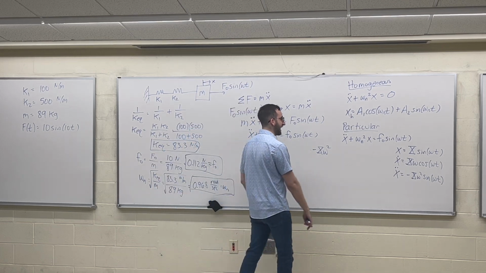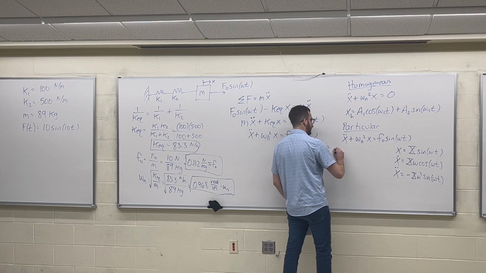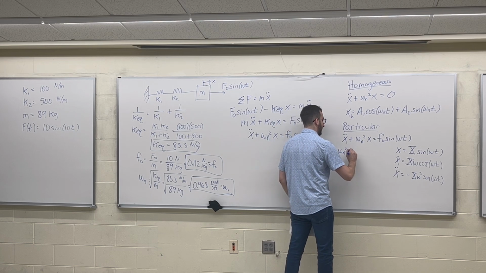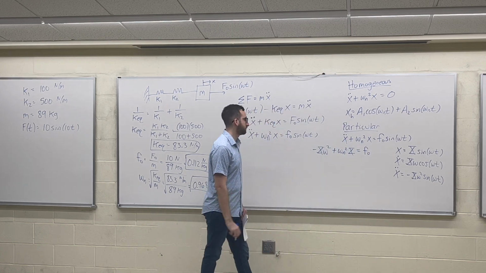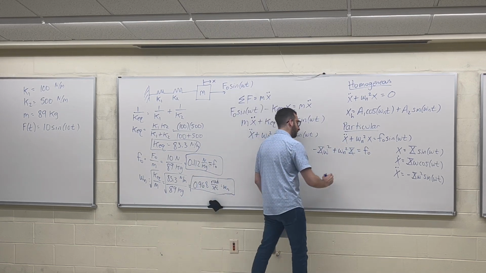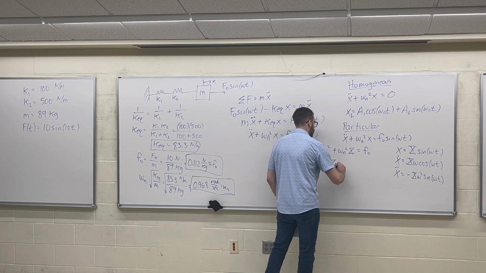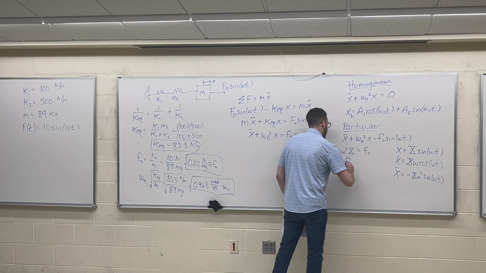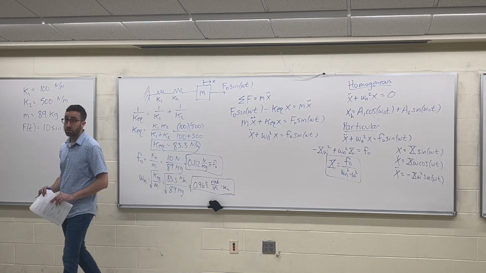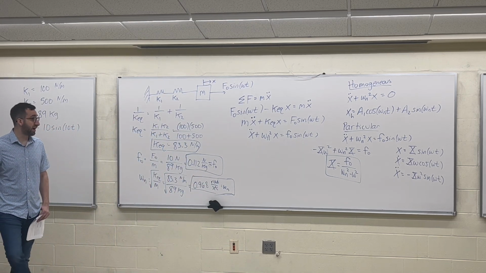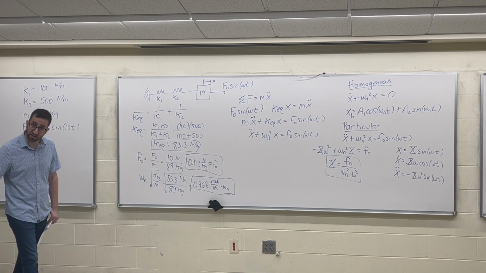So I'll just write this as negative x omega squared plus omega n squared x is equal to f naught. And we get our amplitude x as being f naught over omega n squared minus omega squared. And that's what we've seen when we did our derivation in unit set 7 with undamped systems.